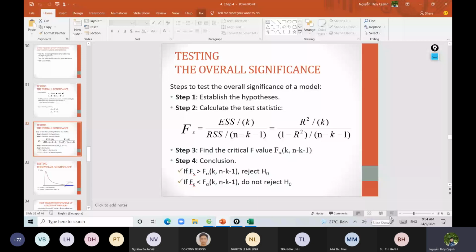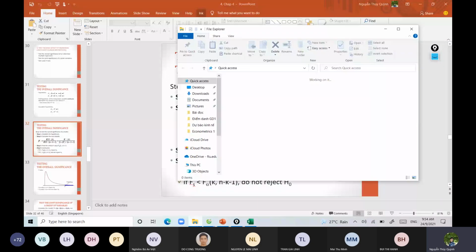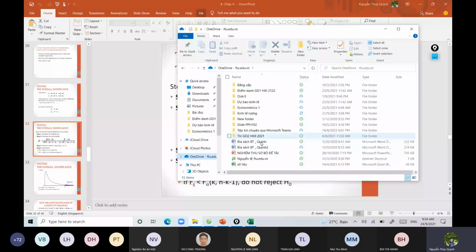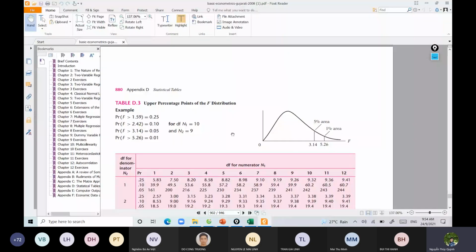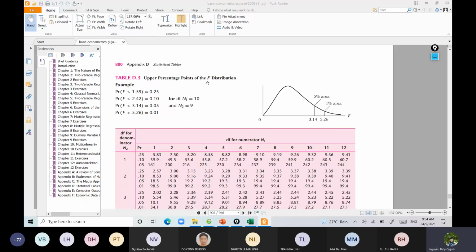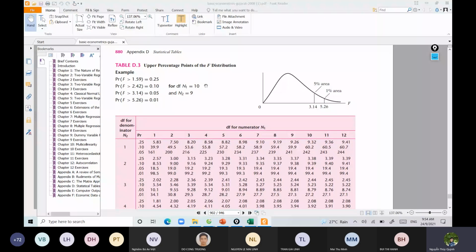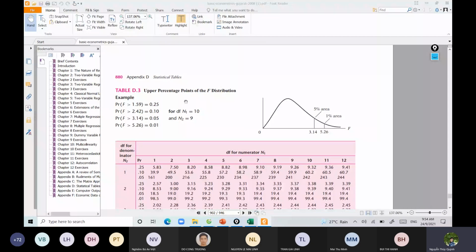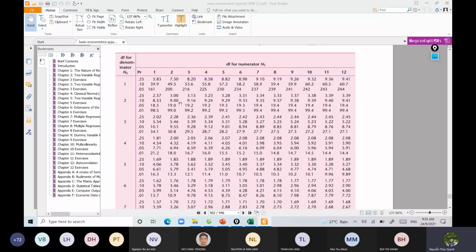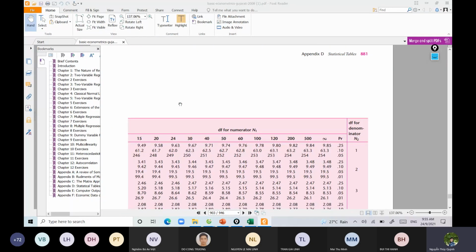Now, where is that? Here we have the F distribution. You just have to look for the percentages, 1% and 5%.